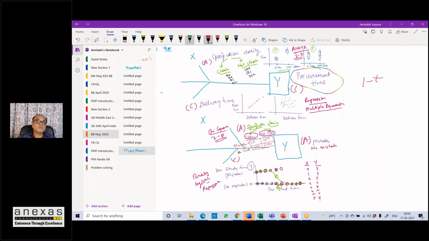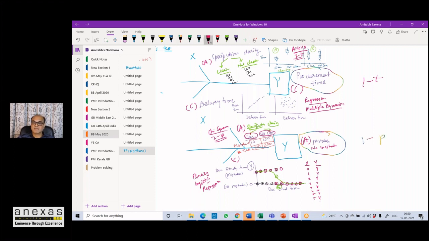Or if I want to make a statement about just the proportion of mistakes, we commit 7% of mistakes in our process. Is it more than 7 or less than 7 or equal to 7? If I want to make a statement about just the proportion of mistakes, I can do a 1p test.